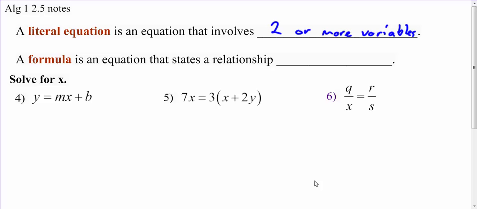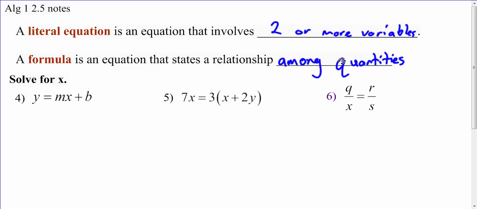As a matter of fact, the part of section 2.5 that we're working on today will focus exclusively on literal equations. A formula is an equation that states a relationship among variables, or I'm going to write it as among quantities. Now we'll deal more with the formula side of this in a few days. For now, we will just stick with the literal equations.